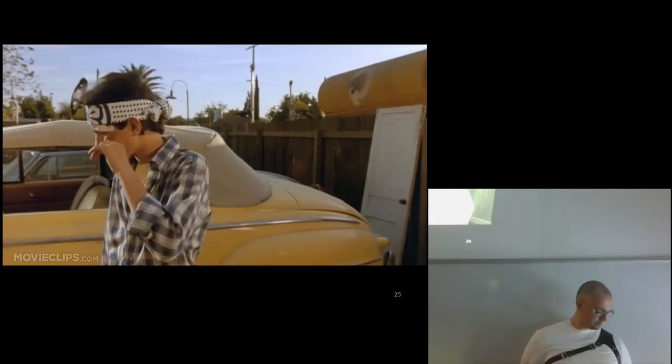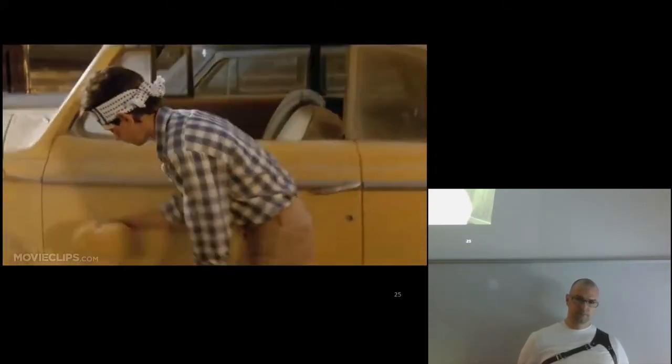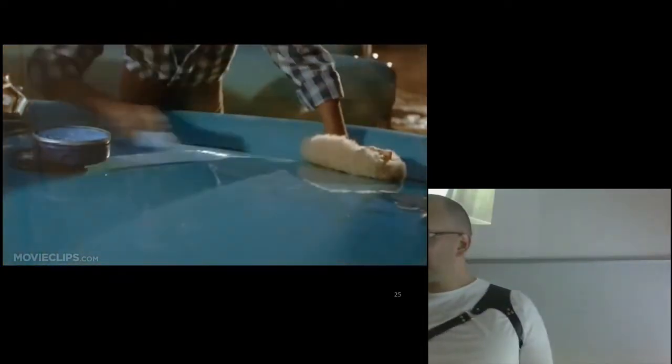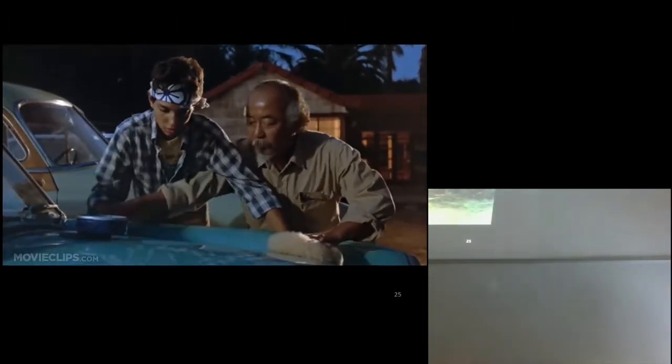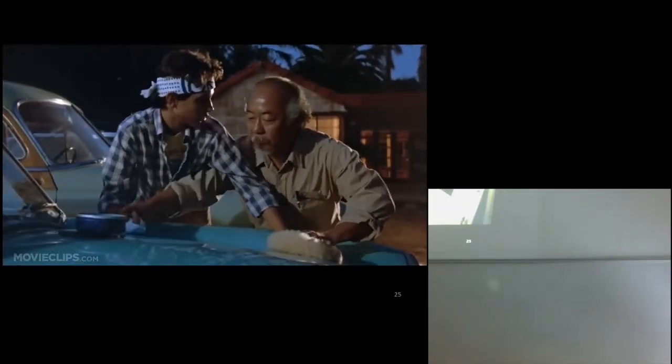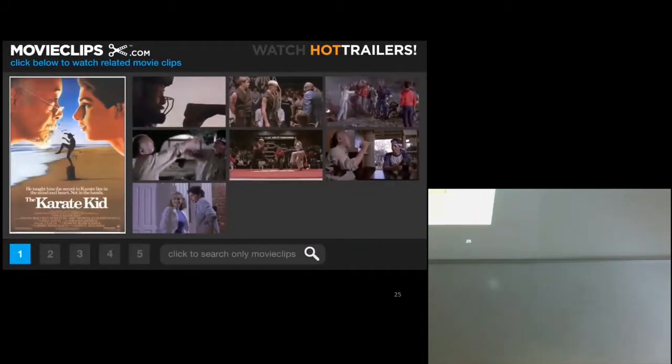Wax off. Wax on. Wax on. Right hand and circle. Wax off. Left hand circle. All right.